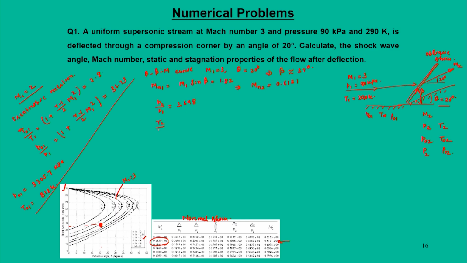T2 by T1 is equal to 1.547, P02 by P01 is 0.8038.